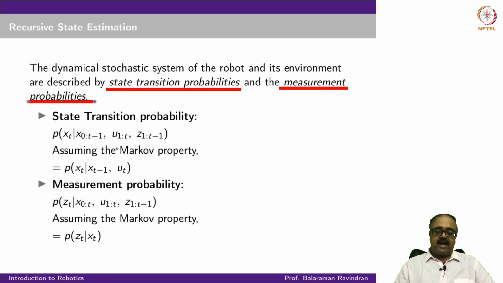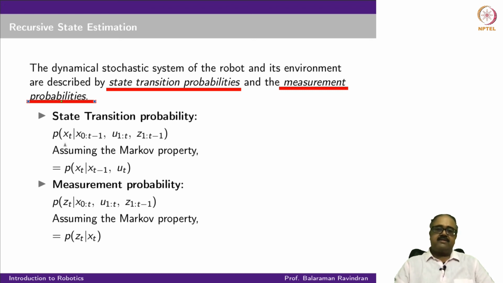And given that I have taken actions u1 to uT, and I have made measurements z1 to zT-1. Please notice that it's z1 to zT-1. These are all the measurements I have made in the past. These are all the actions I have taken. And this is all the states that I have visited. What is the probability that I will be in a specific state xT?